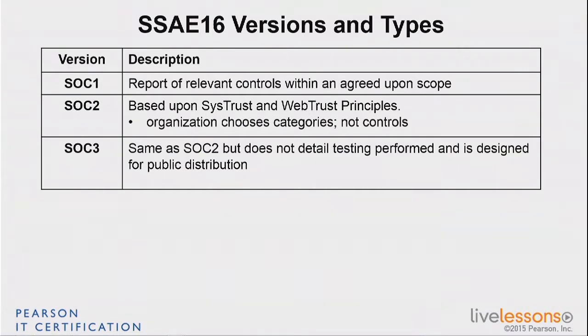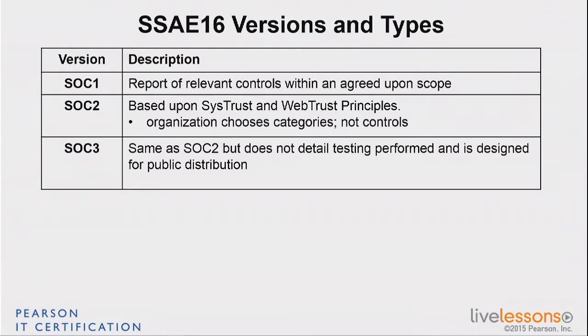So it's really up to the contracting organization to say, here's what I want you to look at, here's what I deem are relevant, and they can choose, if they wish, to hide other things that perhaps they don't feel as strong in. So in the SOC 1, the contracting organization says, here are the relevant controls, they agree upon that scope with the audit firm, and those are the controls that are looked at.